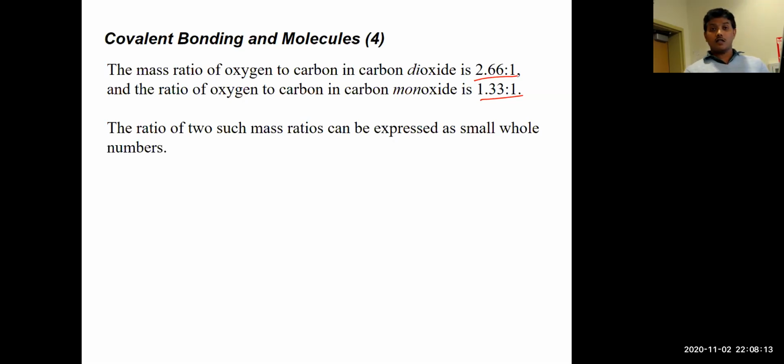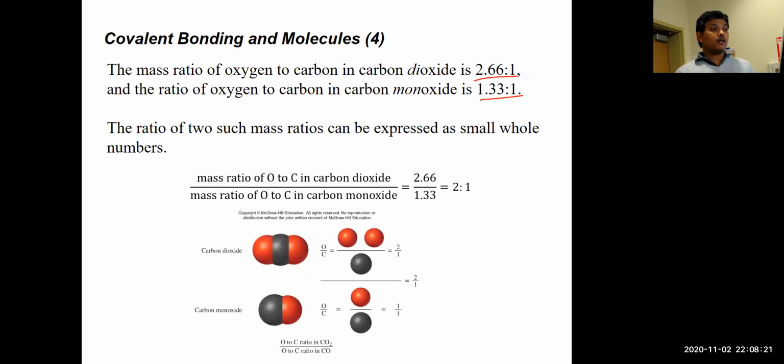So these are the ratios currently for carbon dioxide and carbon monoxide respectively. Now, using those two, we are going to identify the ideal whole number ratio of oxygens for both carbon dioxide and carbon monoxide. Because the carbon ratio is 1, it is the common denominator. In carbon dioxide, you have 2:1, 2 oxygens to 1 carbon.